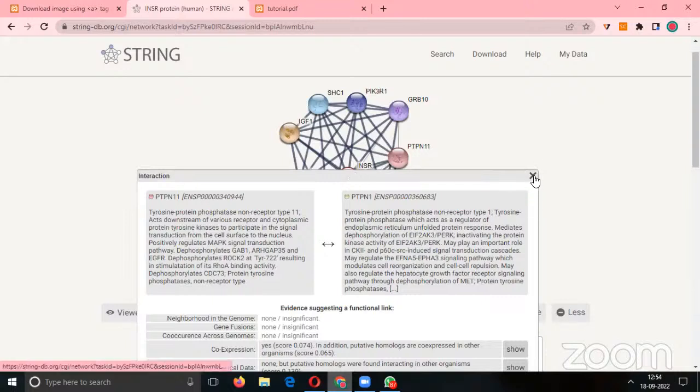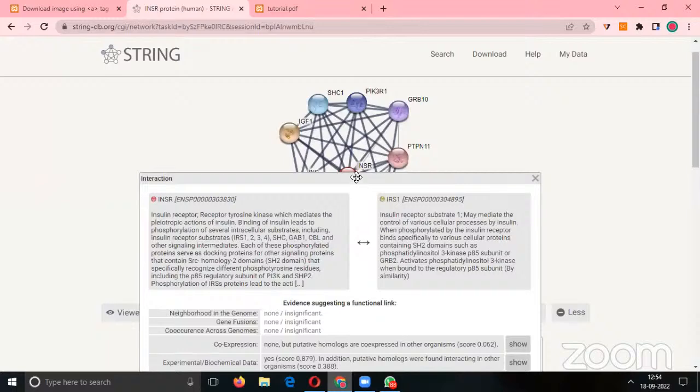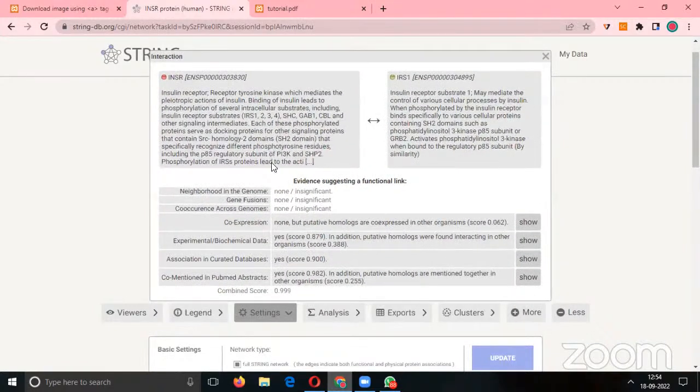If you click the interaction, the edge between INSR and IRS1, insulin receptor substrate 1, I see what kind of evidence, what experimental methods were done to identify their interaction. See, evidence suggesting a functional link. Neighborhood in the genome, none. Co-expression, none. Experimental evidence score is given and the score is 0.8. More than 0.5 is acceptable, it is more certain.